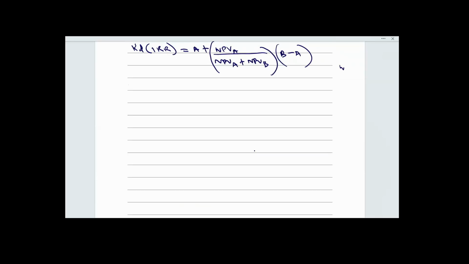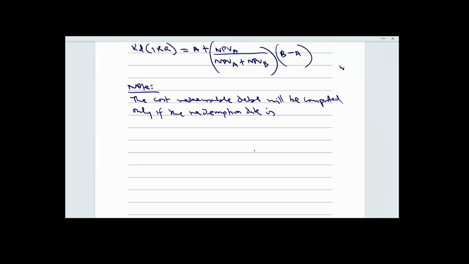Note, the cost of redeemable debts will be computed only if the redemption date is given.